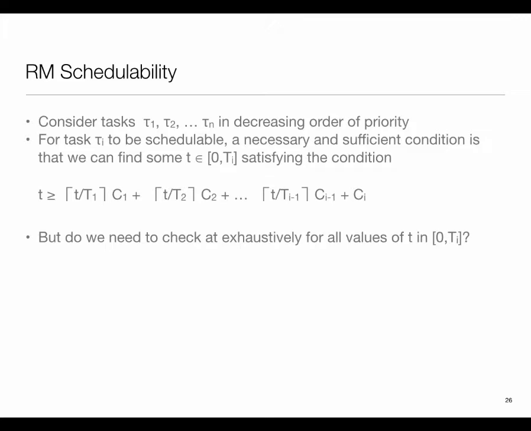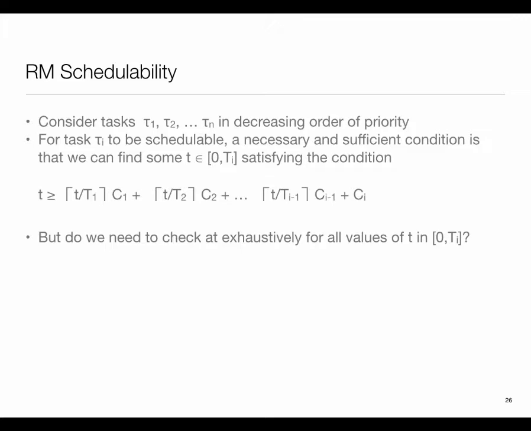Now looking at this equation, let's say I start out with t equal to 0. And as I increase t, checking for this criterion, the only time the right-hand side will change is whenever the ceiling functions change their value. And these ceiling functions change their value only at multiples of t1, t2 through ti minus 1, right?